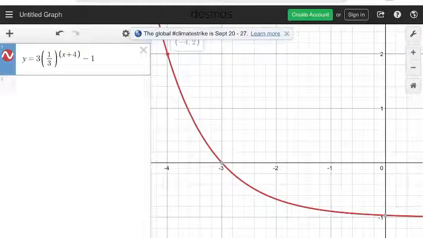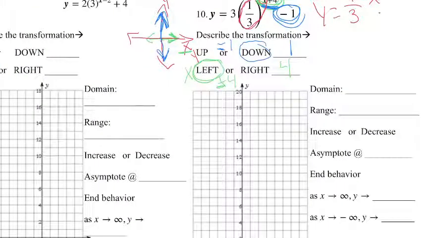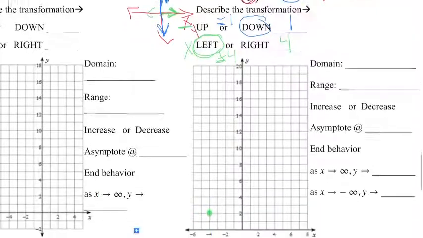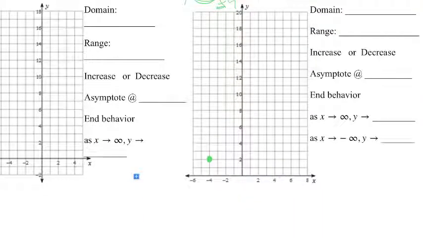You have an exact point at -4, 2. So I'm going to graph it. So I've got -4, 2. There's a point. Let me scroll down so I can actually see it.